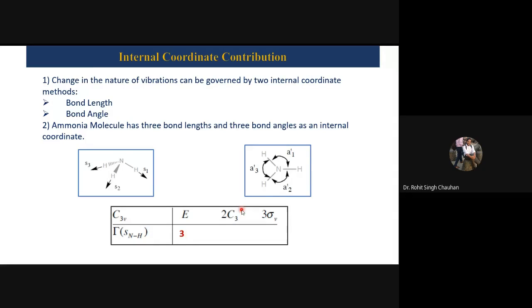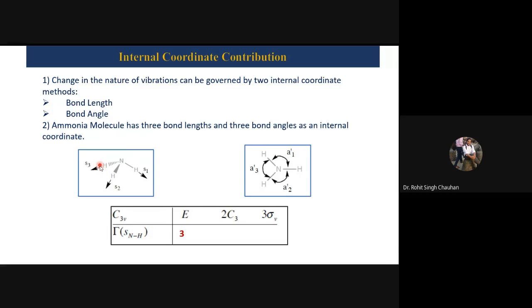Okay. Now we will operate with 2C3. Now see, in the case of C3, this one is the principal axis, right? And you are going to rotate about it. Now, if you rotate, what would happen? S1 will become S2 and S2 will become S3. Am I right or wrong?